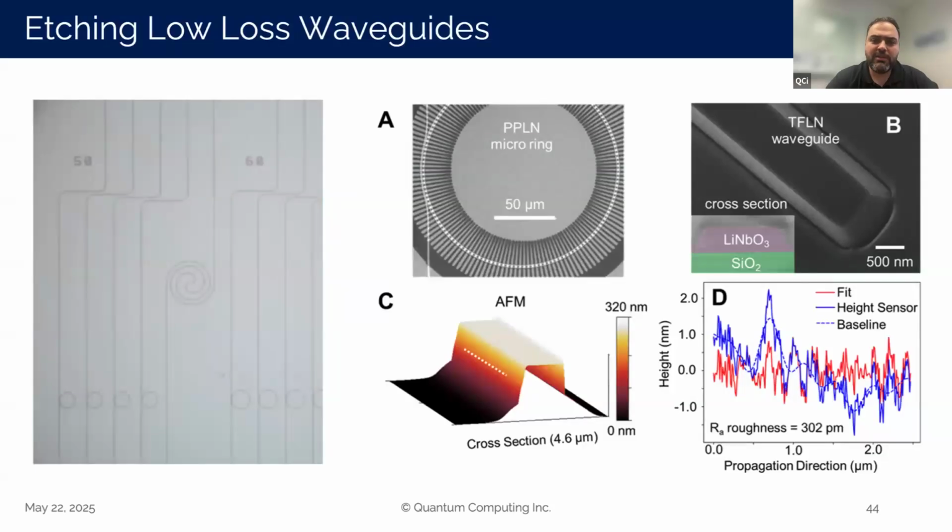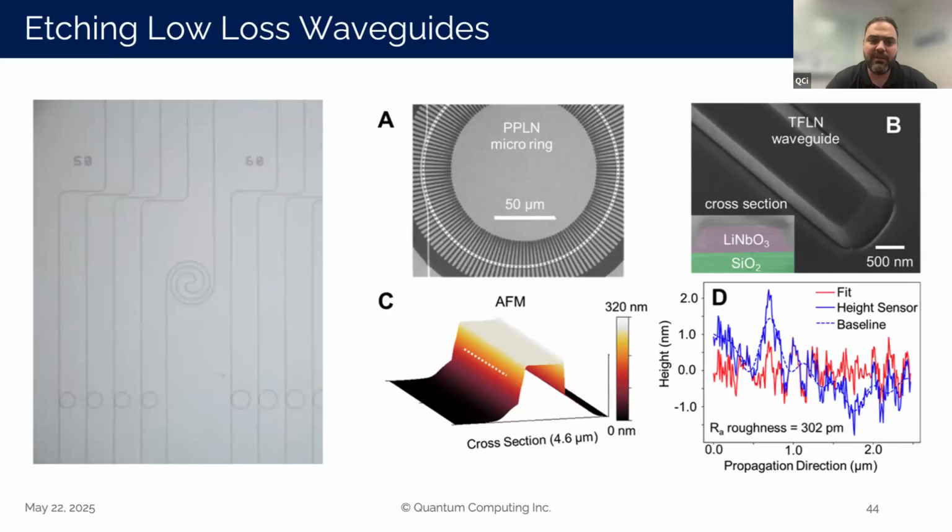Now, the key thing, as I mentioned a couple of times, is that with this technology, we can etch thin-film lithium niobate really well to reach sidewall roughnesses as small as 300 picometers or less. As you can see in the AFM image, in the middle and the bottom right, the surface roughness is very small. This is very smooth.